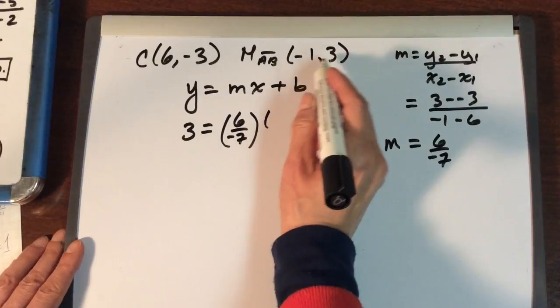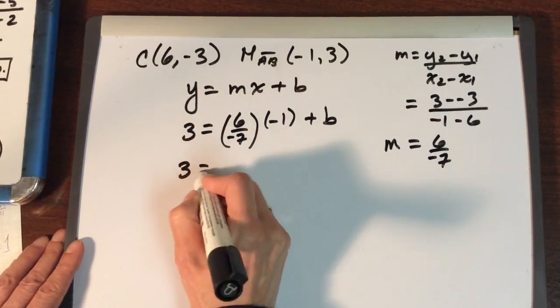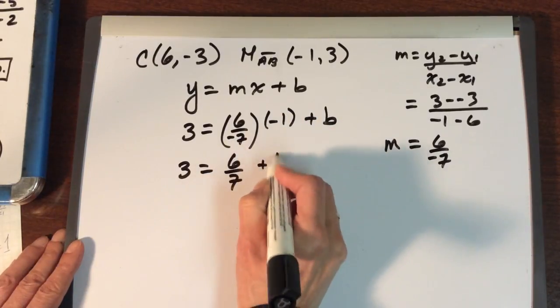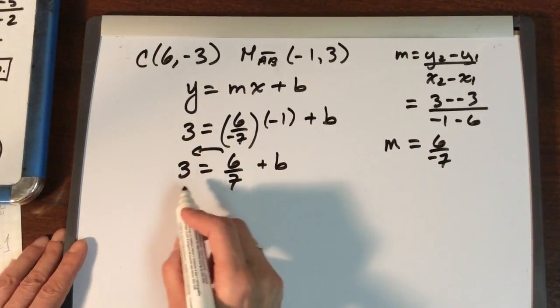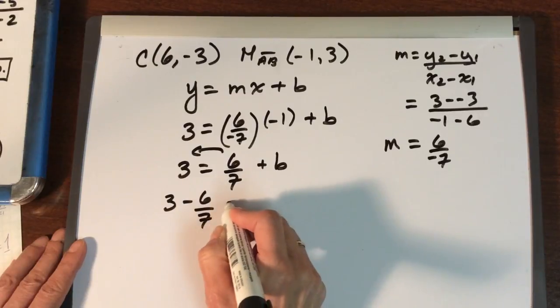And then we've got here a -1 plus b. 3 is equal to, this is going to be a positive 6 over 7 plus b. Bring that to the other side. And we've got 3 minus 6 over 7 is equal to b.